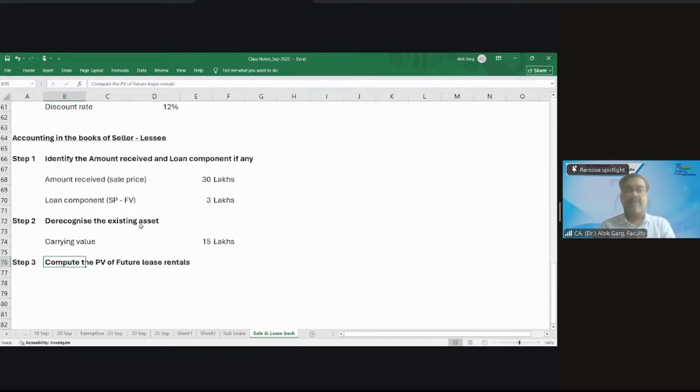Compute the present value of the future lease payment. How can I compute? Again, same: year, then amount, then PVF at the rate of 12%, then tell me what comes after that. PV, present value.